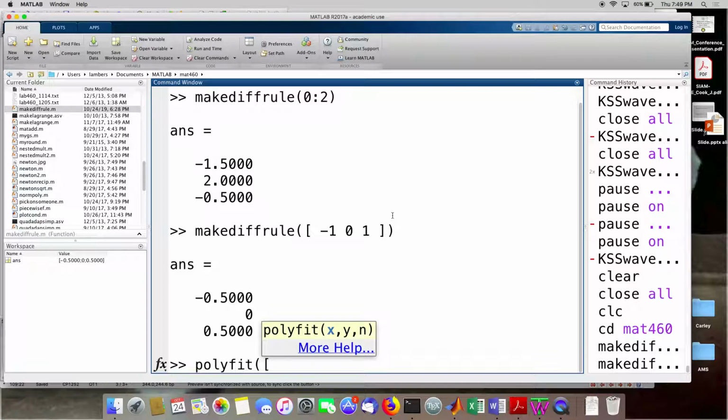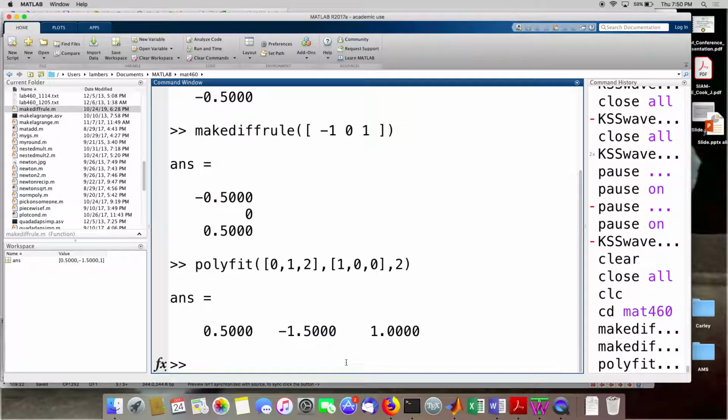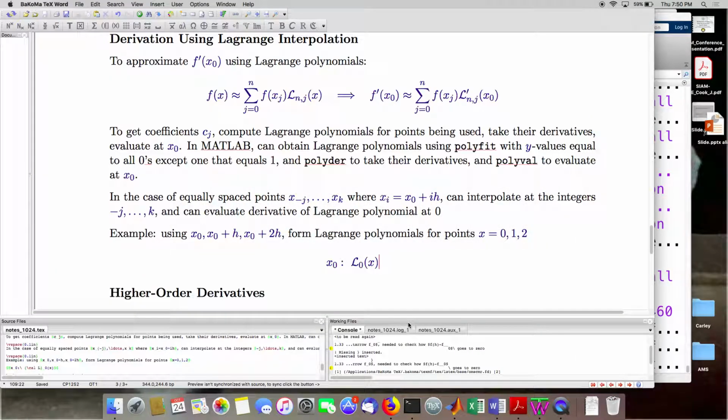I want to use for my x values 0, 1, 2. My y values for the first Lagrange polynomial will be 1, 0, 0. And since I have 3 points, the degree of my Lagrange polynomial is 2, always 1 less. So that's my polynomial: 1/2 x squared minus 3/2 x plus 1, that is, x squared over 2 minus 3x over 2 plus 1.